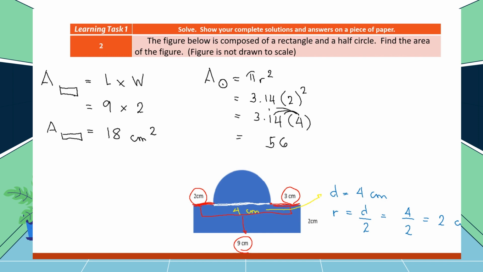And then lastly, 4 times 3, so that is 12. Again, meron tayong decimal places dito na dalawa. So, from the end, move tayo ng 1, 2. So, it is now 12.56. So, ibig sabihin mga bata, ang area of a circle here is what?